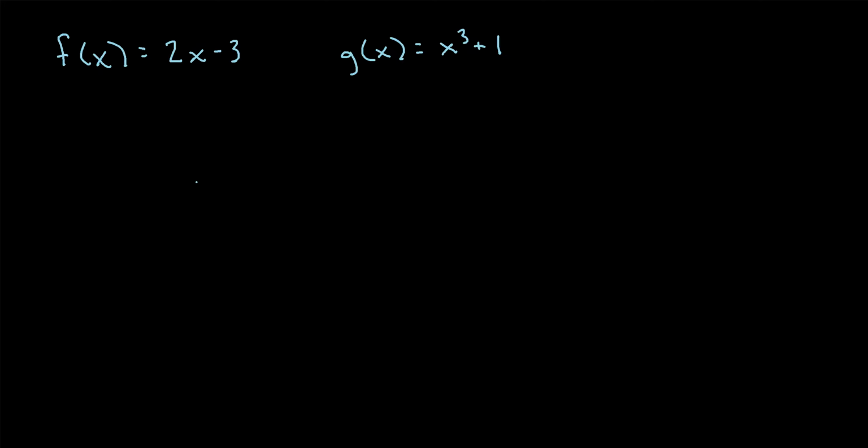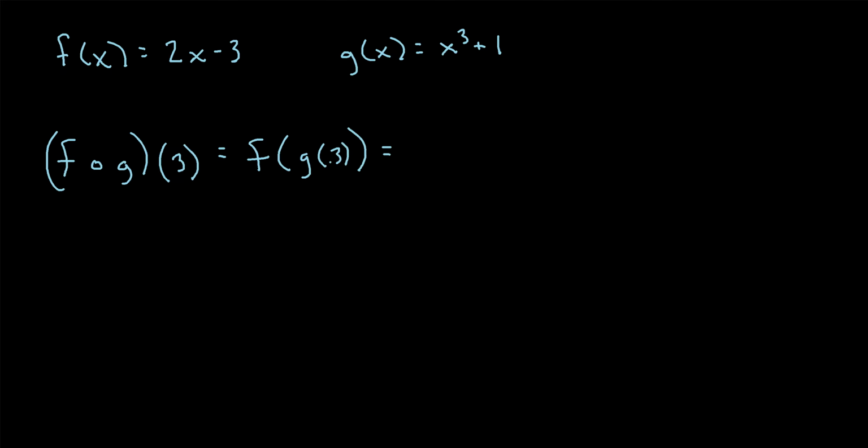All right, let's try another example. Let's say we have f of x is equal to 2x minus 3 and g of x is equal to x cubed plus 1. Let's say we wanted to evaluate f of g evaluated at the point x is equal to 3. So how would we do that? Well, we can rewrite it as f of g of 3.